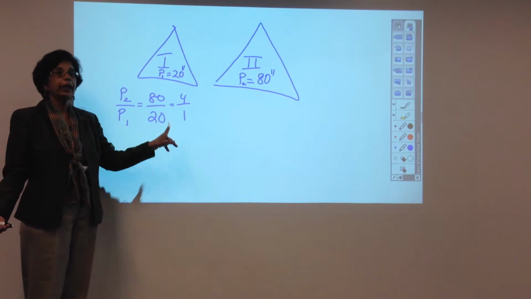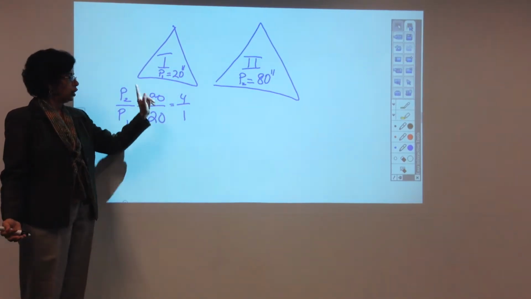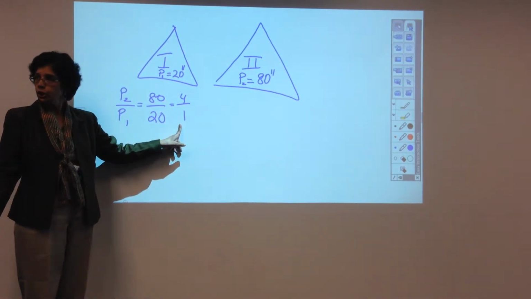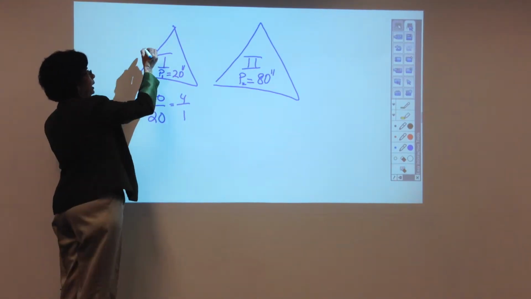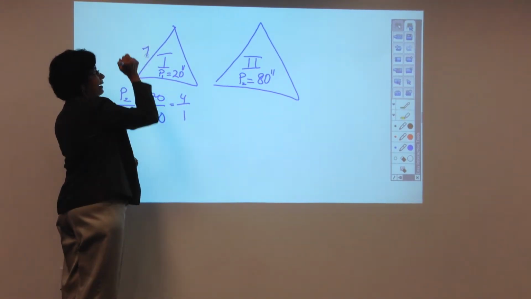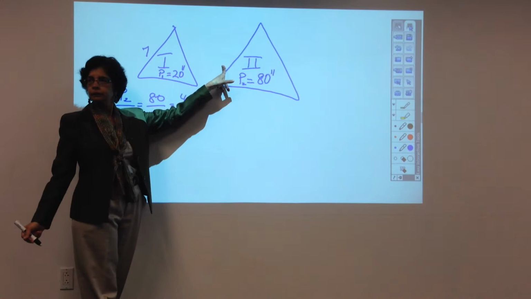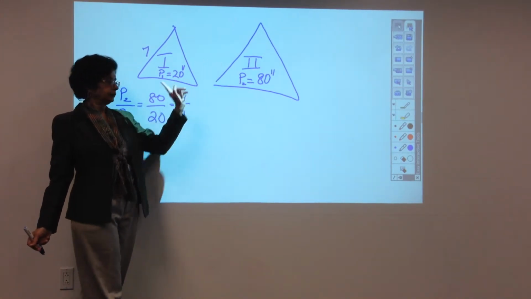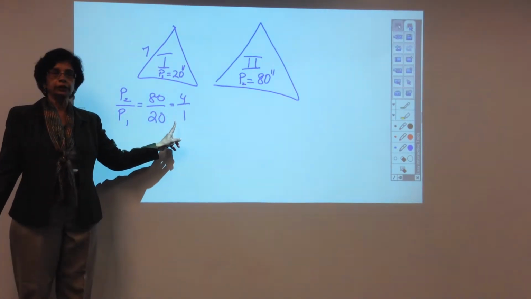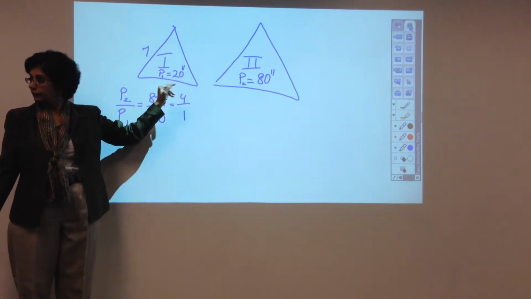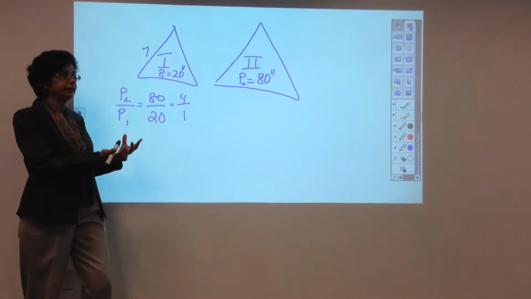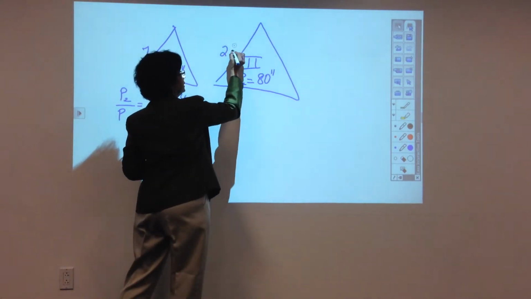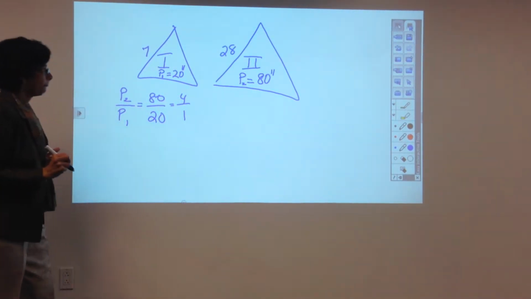Okay. So now think. You know the scale factor is 4 to 1. If this side is 7, what will this side be? 4 to 1. 28, yeah. Do you see how that helps? You don't need to know all the sides. So this is 28.